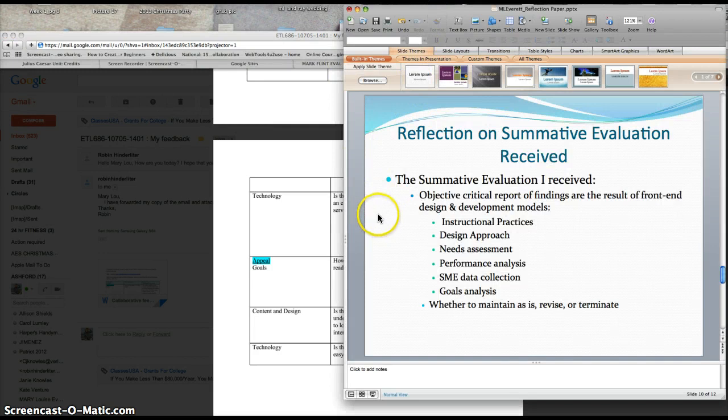The summative evaluation I received, I felt was an objective critical report of findings that were the result of front-end design and development models that I used. And it focused on my instructional practices, design approach, needs assessment, performance analysis, subject matter expert data collection, and goals analysis. And it determined whether I would maintain it as is, revise, or terminate.